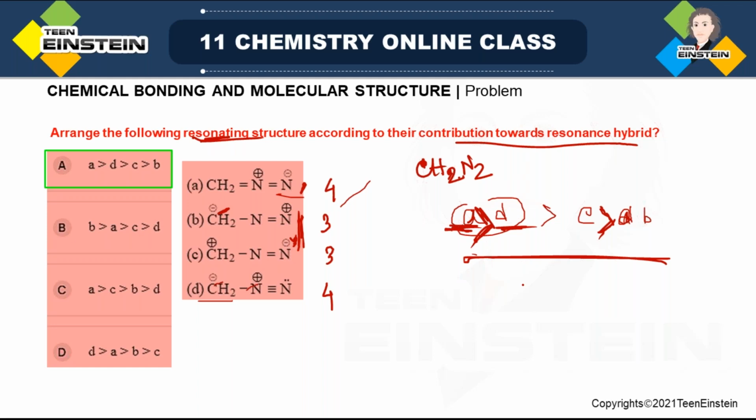So if you are finding the order for contribution towards resonance, A is having maximum contribution, then the next species is D, which is having the next maximum contribution to the hybrid. So it is the same thing, whether you say it in terms of contribution towards resonance hybrid or you say the stability order, both are actually the same thing. Okay, so the first option is the correct option.